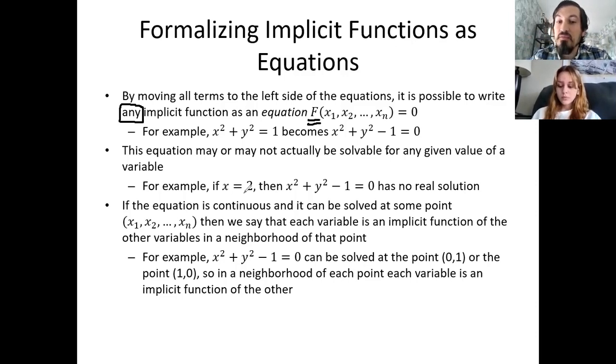Then we can say each variable is an implicit function of the other variables in a neighborhood of that point. And this is important. I brought it up earlier in the very first slide of us talking about implicit functions. I brought up this point that unlike explicit functions, which exist really just, the x-axis you could think of as the domain of the function, and the y-axis is the range of the function.